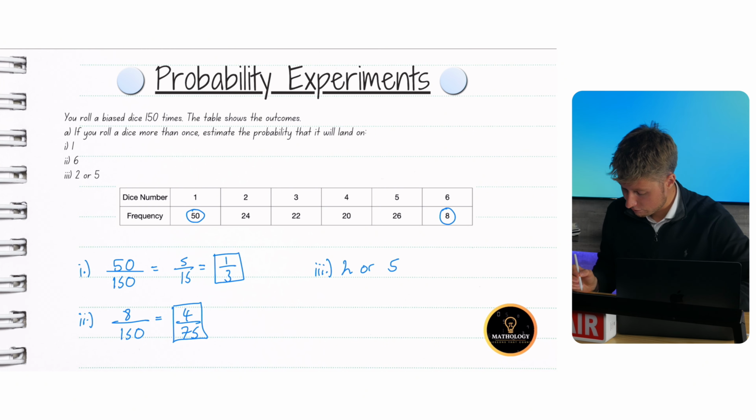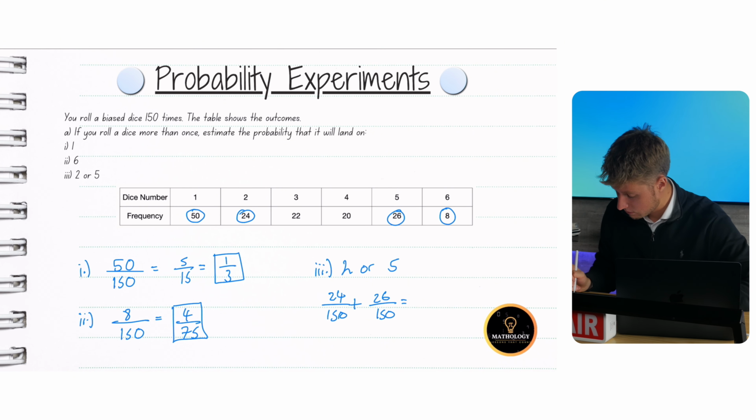So the probability of rolling a 2 is 24 out of our sample size of 150, plus the probability of rolling a 5, which is 26 over the sample size of 150. And if we add 24 plus 26, we get 50 over 150, which is equal to 5 over 15, which is equal to a third.